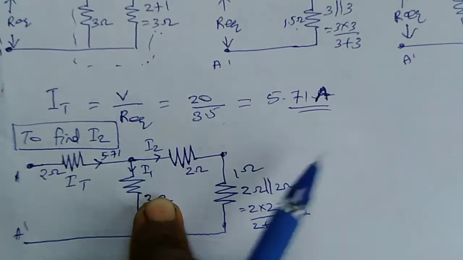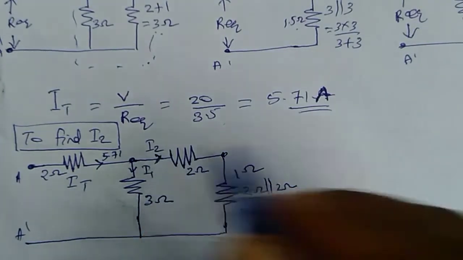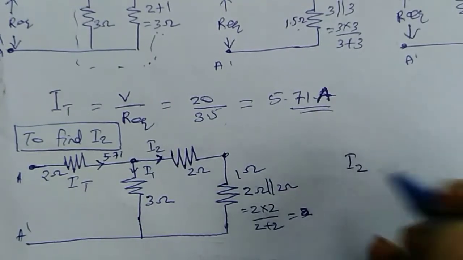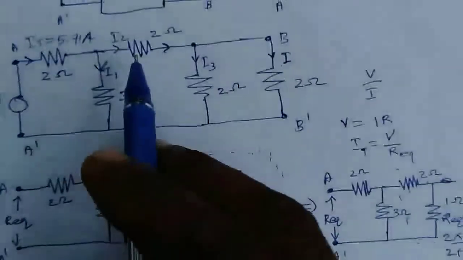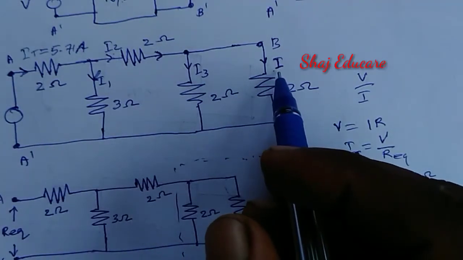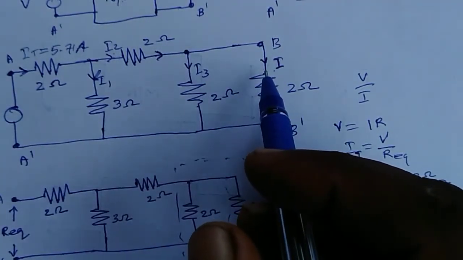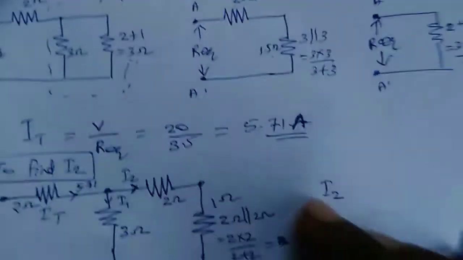Now I'm going to apply the current division rule to find the branch current I2. What is the purpose of finding I2? If we know the current I2, then only we can find the current I, that is the required current for the reciprocity theorem.